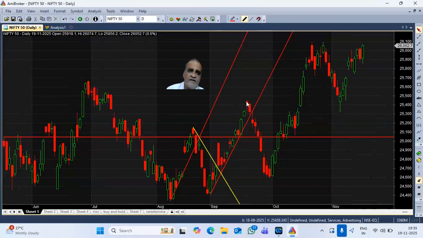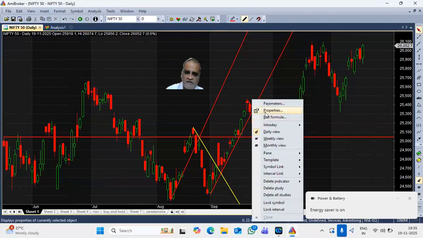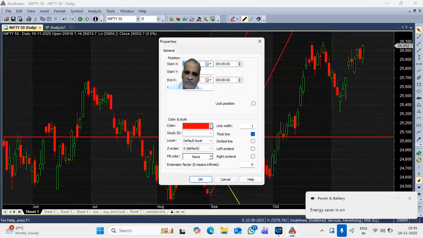I will draw another trend line. Right here I will take 1, 2, 3. Properties. Yellow.